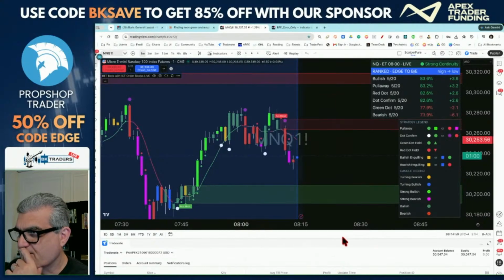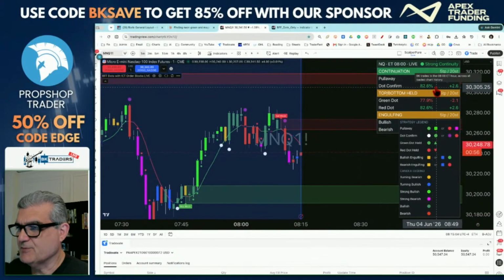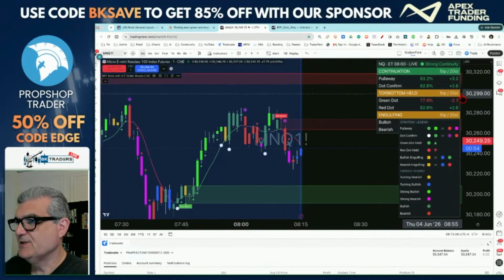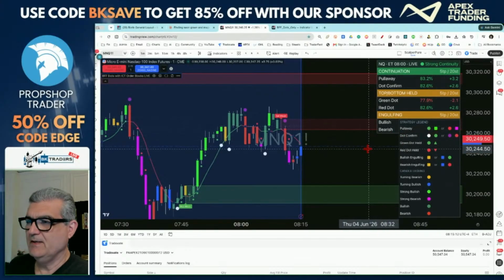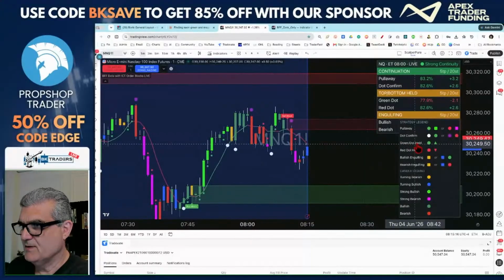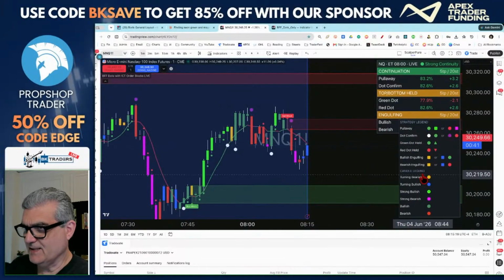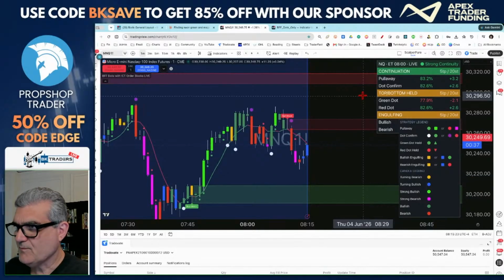If you do that, it will show you which setups, pullaway trades and dot confirm trades, are the best, and these are middle kind of trades. Sorry, this is obviously encroaching a little bit on the engulfing and the bearish as far as the numbers go. I didn't realize that they kind of encroach. There's just so much stuff here that it kind of encroaches.